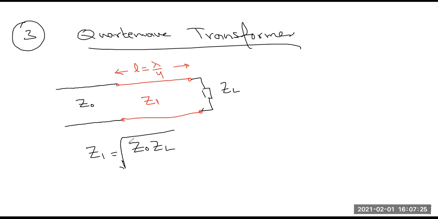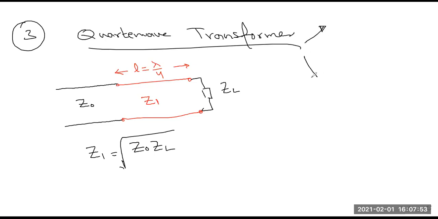But there is one important thing that we haven't covered. I mentioned it in the selection criteria of impedance matching circuits, and that is bandwidth. The bandwidth performance of an impedance matching circuit is very important. So quarter wave transformers can be divided into two categories.